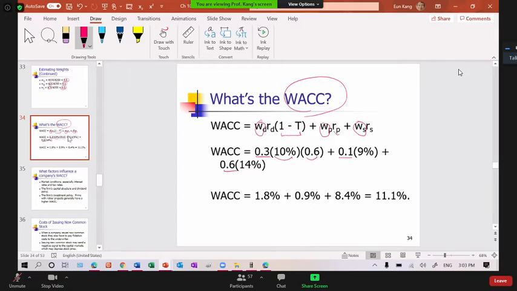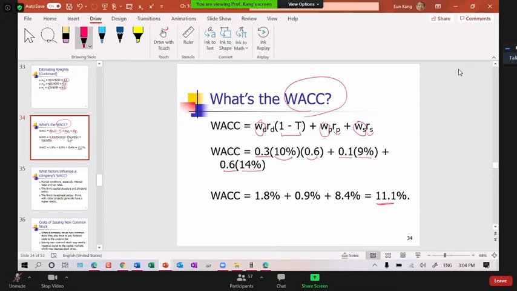And other dividends are not deductible, so just no after tax adjustment like this. Then finally, we have 11.1%. So that is how to calculate WACC.